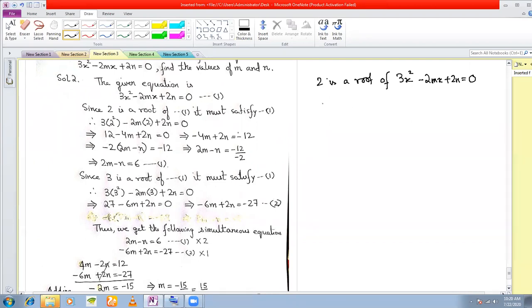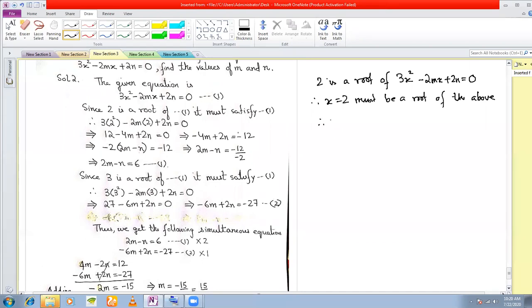Now, x equal to 2 must be a root of the above. It must satisfy this equation.